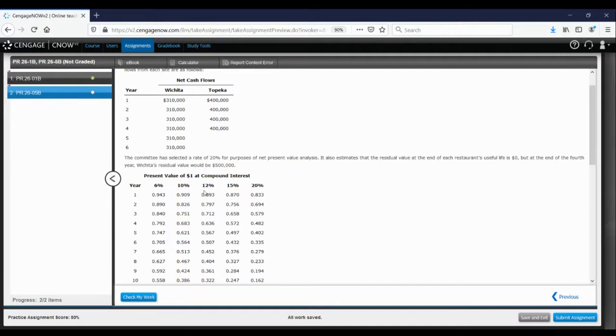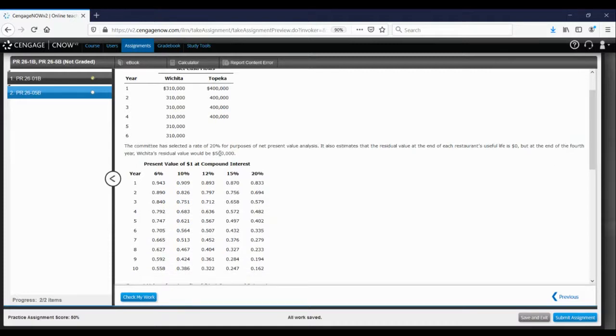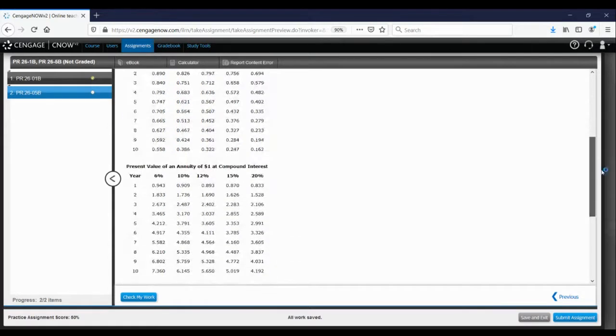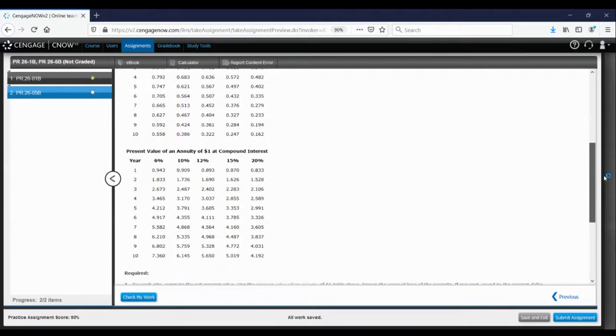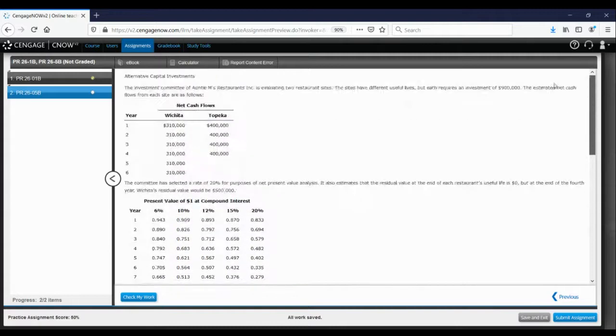So we're going to cross this table off and not even look at it in the first part of this. But what we do need to know is that there's a 20% rate of interest that they believe they can get off of their investments. So we're going to be using the 20% present value of annuity table to get the present value of the annual net cash flows. Let's start with the Wichita Company first.